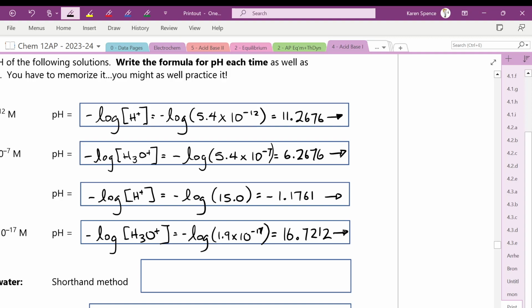So you can check your answers with mine and see if you get the same numbers, and then you can decide on your sig figs, how many there should be.